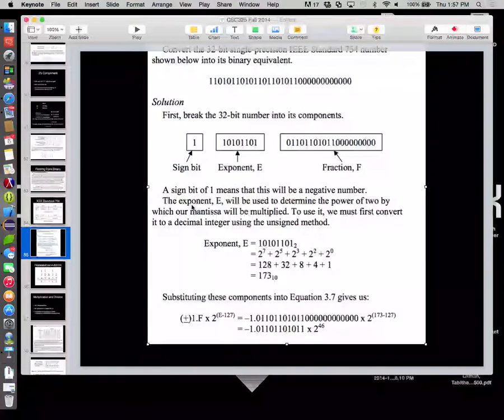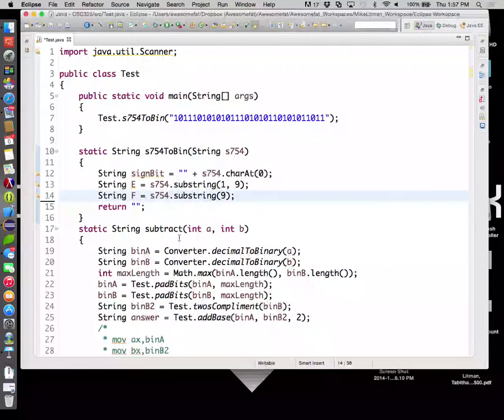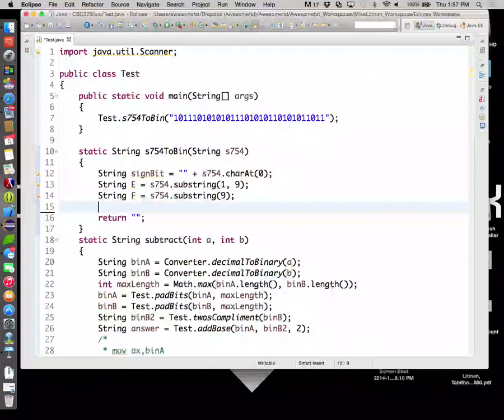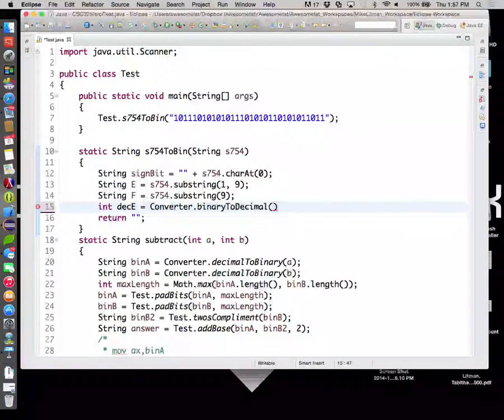So from our picture here, we've done this part: split it up into our 3 pieces. Now we need to take E and convert it into its decimal equivalent. We already have a method. Is it still in converter? Binary to decimal. Oh, this asks for a number, right?